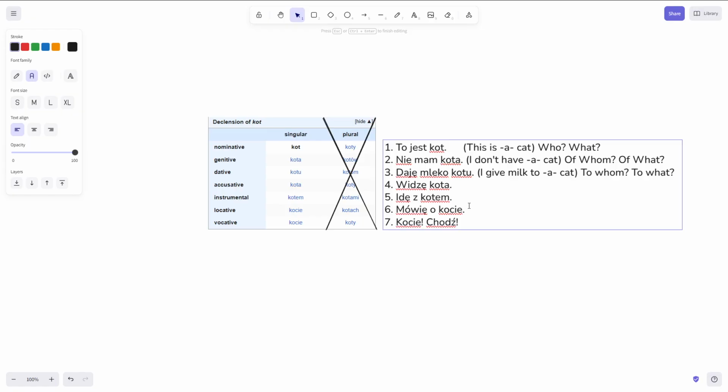Okay. Number 4, accusative. Widzę kota. Widzę kota is I see cat. So now we have the situation that I told you earlier.